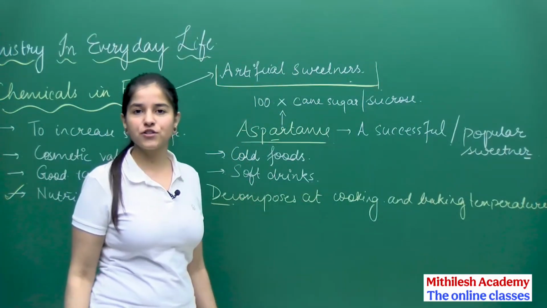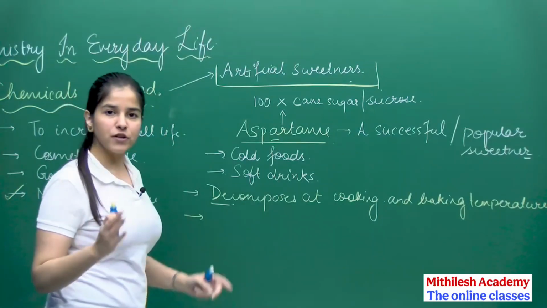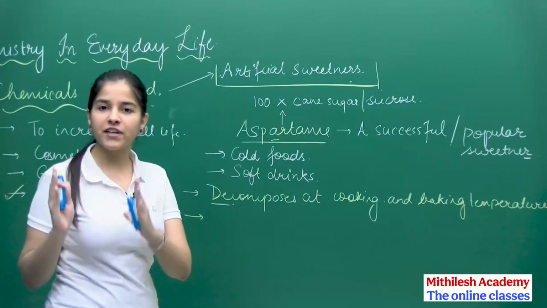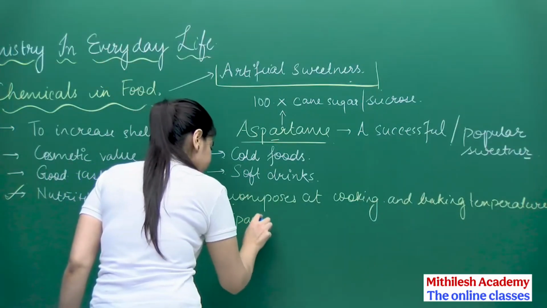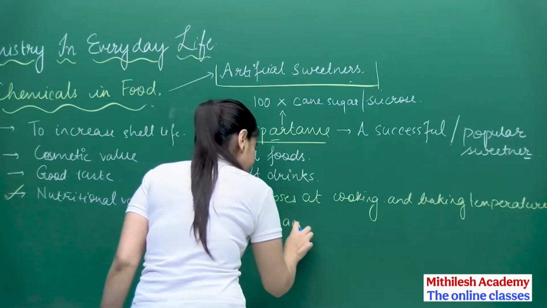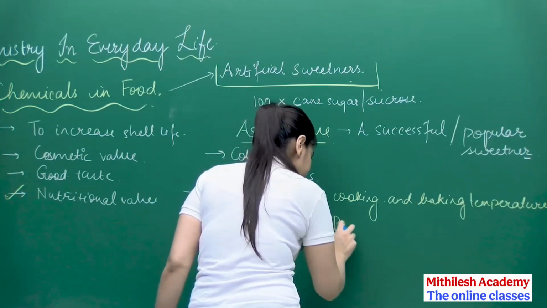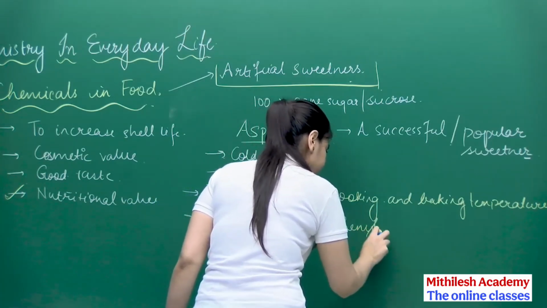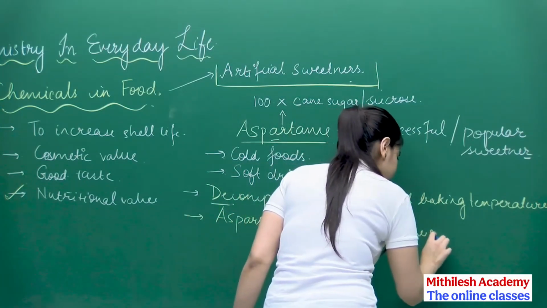How do we make the structure for aspartame? We have already done this. It is actually aspartic acid plus phenylalanine methyl ester.